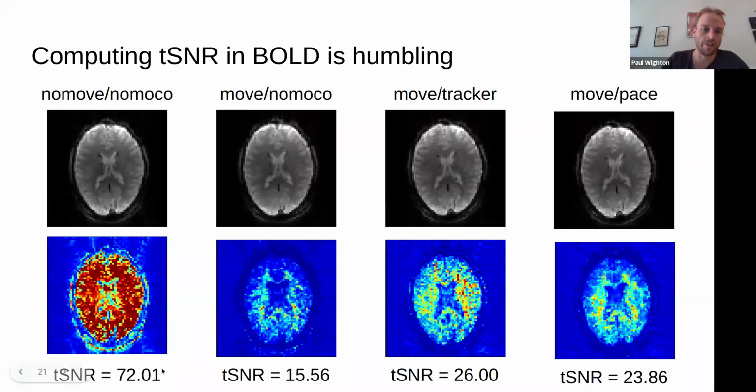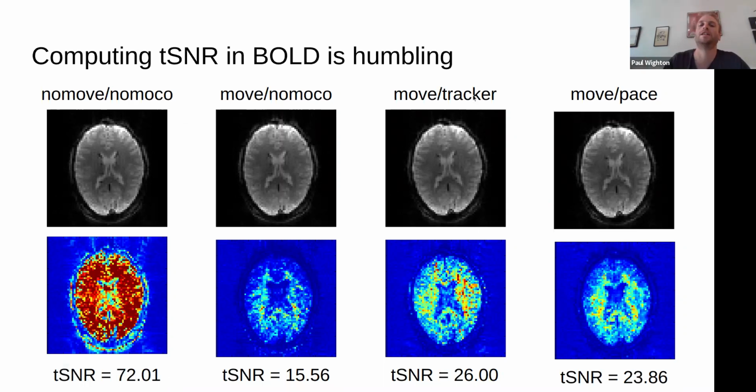So here's an example of this. When someone's not moving, a perfectly still subject with no motion correction, you get this beautiful TSNR. And then as soon as they move, you're blowing away over 3/4 of it. PACE will buy it back to an extent. So PACE is a volume by volume registration.